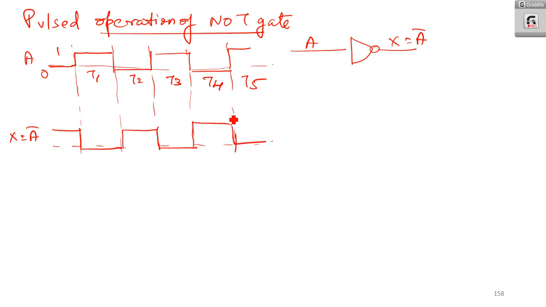That means you will get the exact shifted sequence of A. So that is basically a NOT gate operation. Okay. So here what happens is that the entire signal gets complemented. So this S is a complement of A. That is basically the pulsed operation of NOT gate.